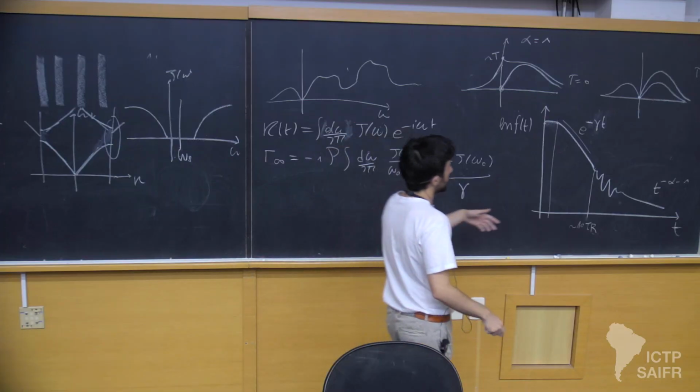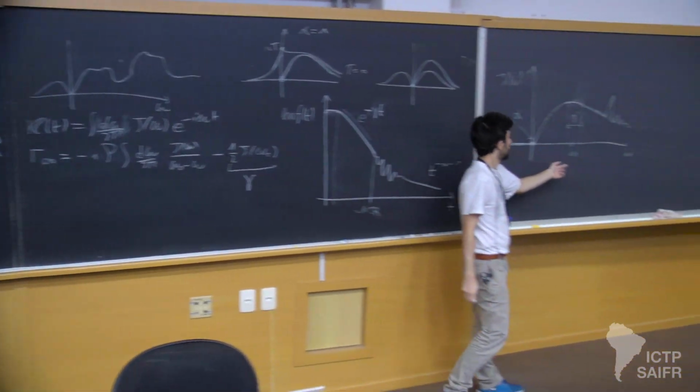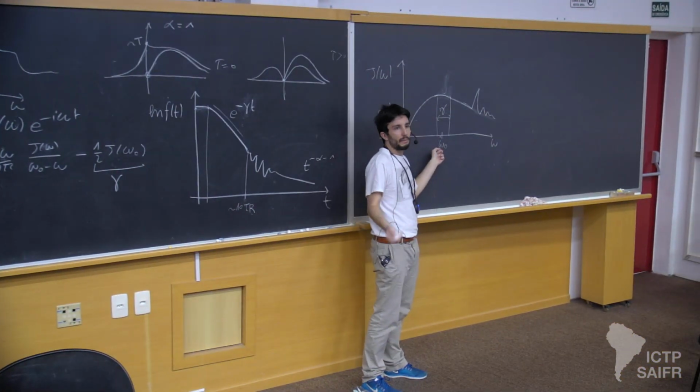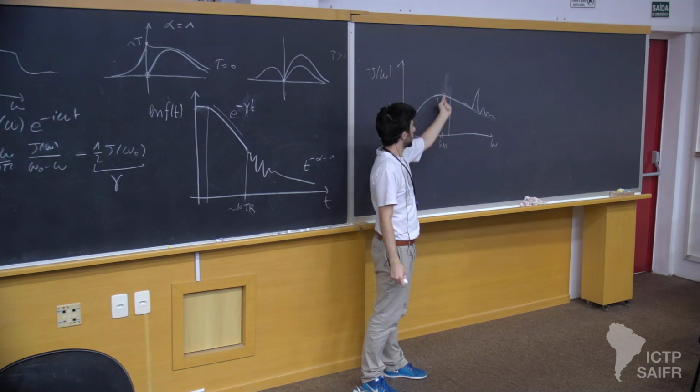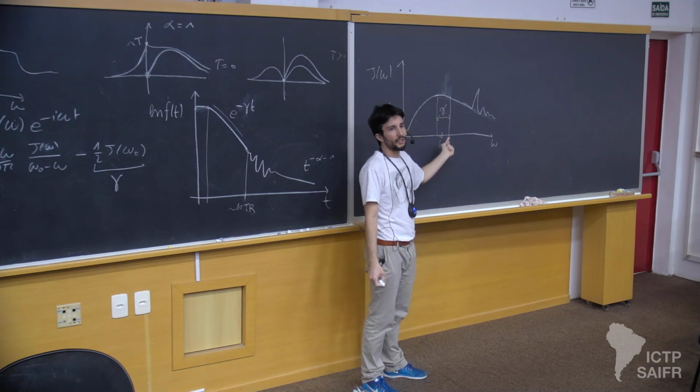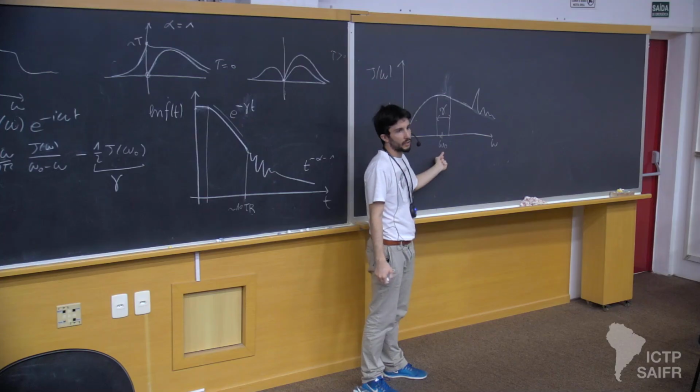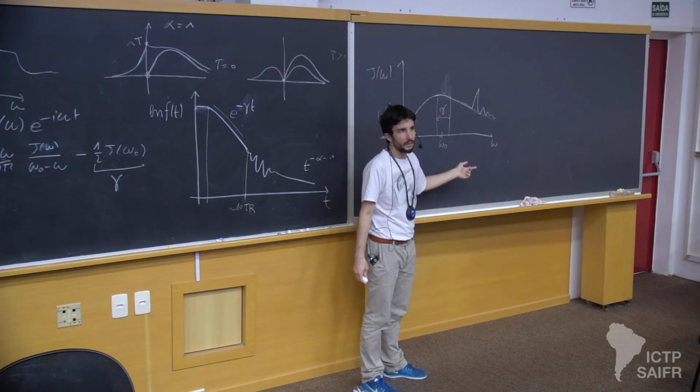If you look at this picture, Markovian decay is caused by resonant transitions, because here there's a lot of excitations which have a frequency close to the frequency of the system that are excited at the same time.